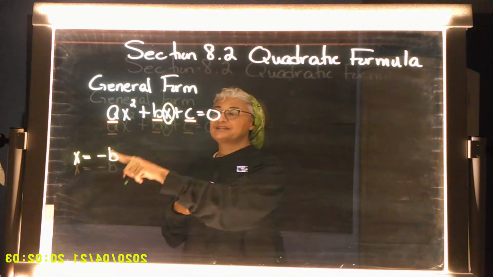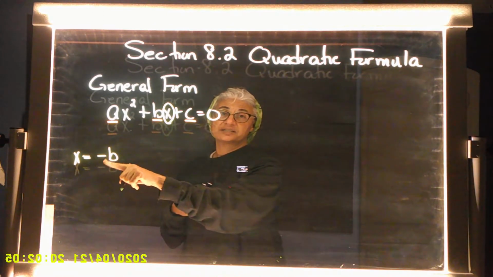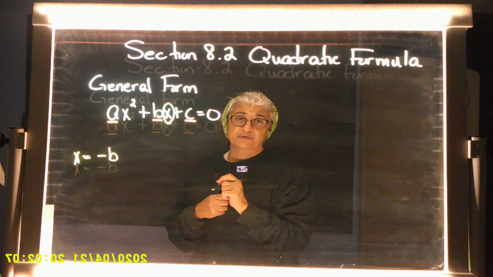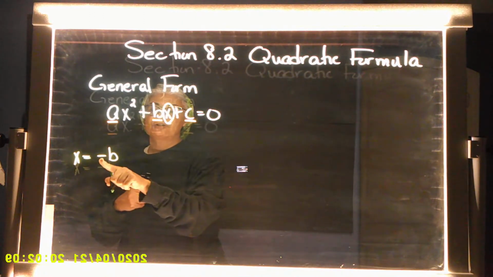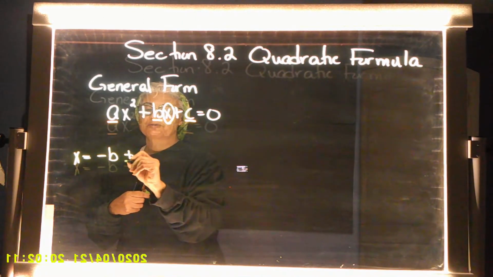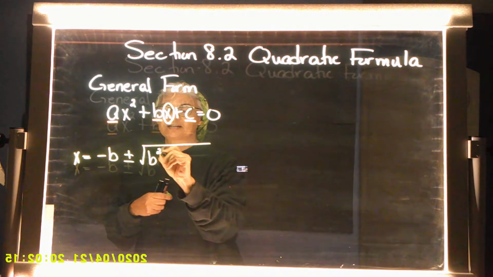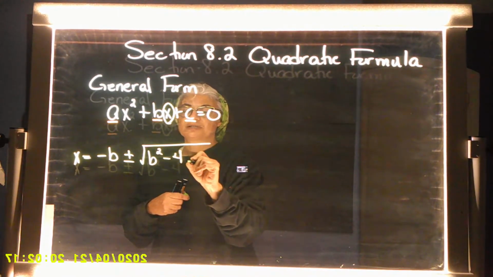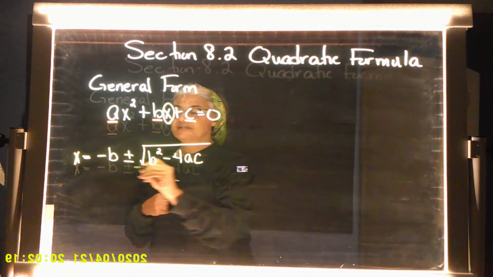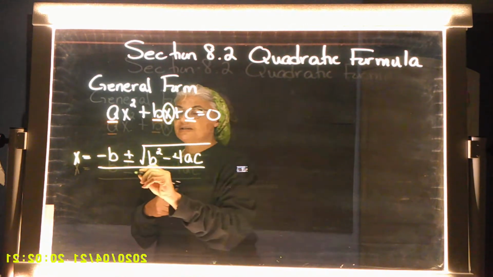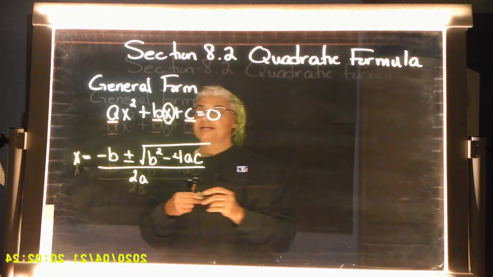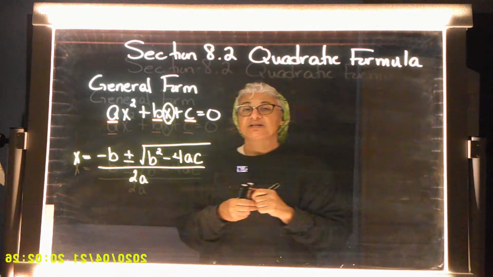If b is negative, then it will be positive because you've got an extra negative sign in front of it. Remember that. So I call it the opposite of b plus or minus the square root of b to the second minus 4 times a times c, the whole thing over 2 times a. This is the quadratic formula.